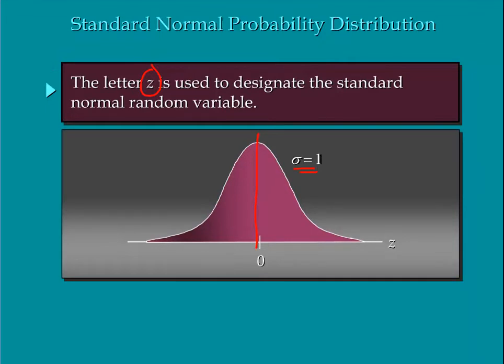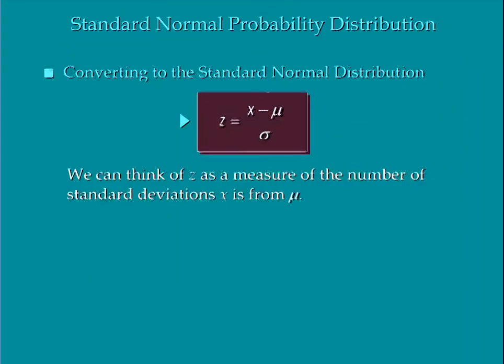So moving on from that. Now, this is a very important formula here. If we have a general normal probability distribution, we can convert values to the standard normal distribution. That is to say, we can compute their Z-scores.